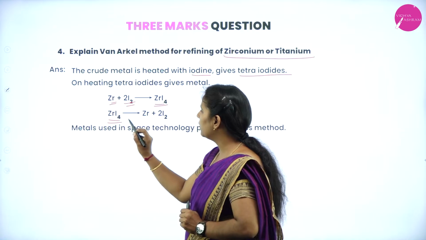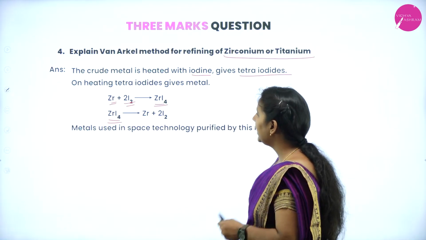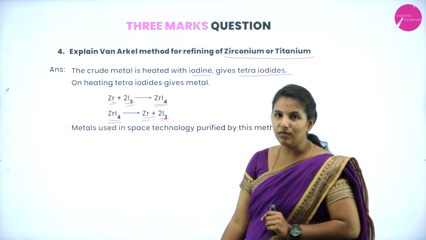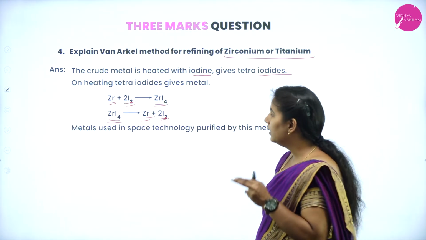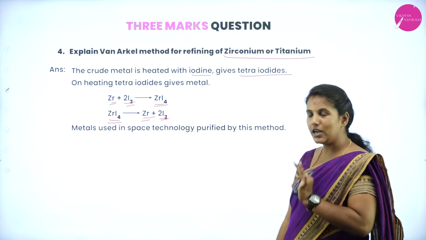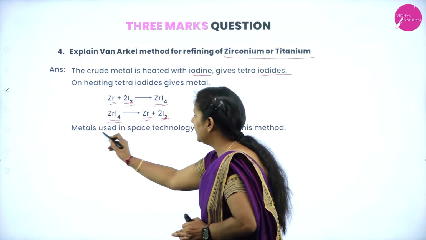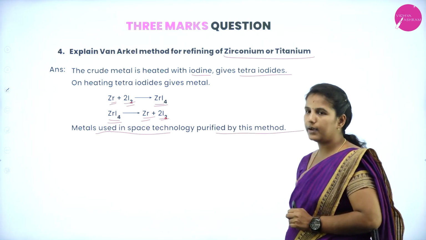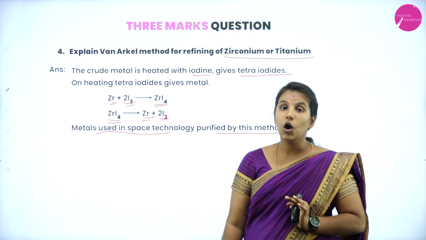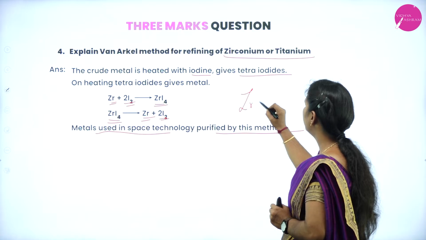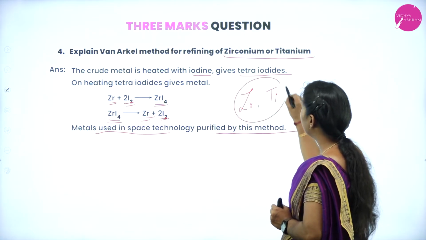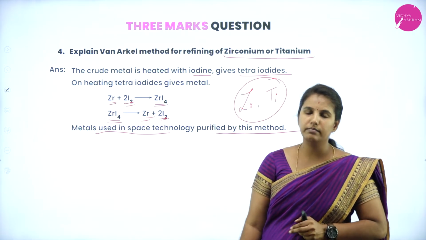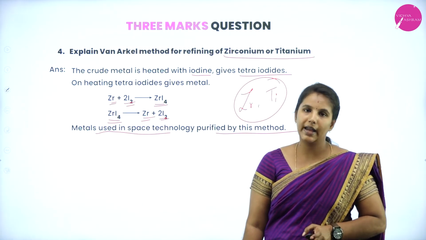Later this tetraiodide, upon heating, gives rise to zirconium with the release of iodine. This is one of the important methods, where the metal used in space technology is purified by this method. Only zirconium and titanium are refined by the Van Arkel method using iodine.